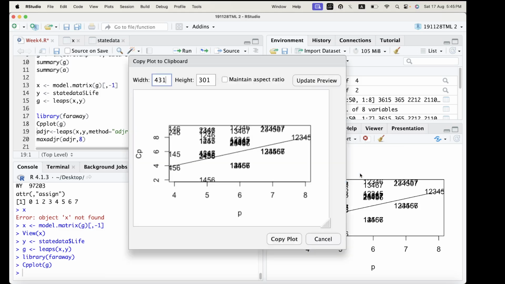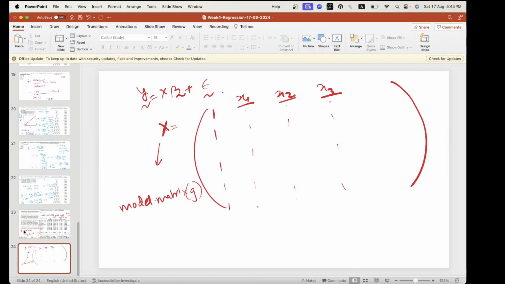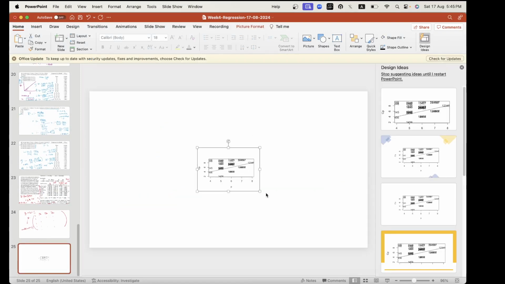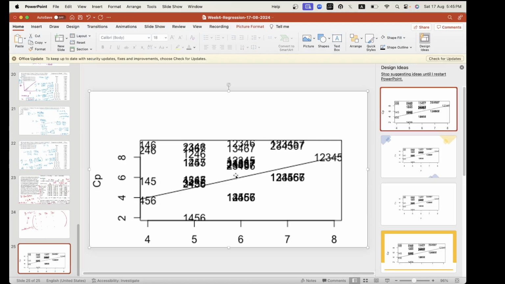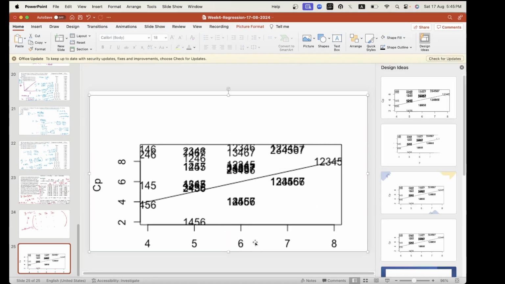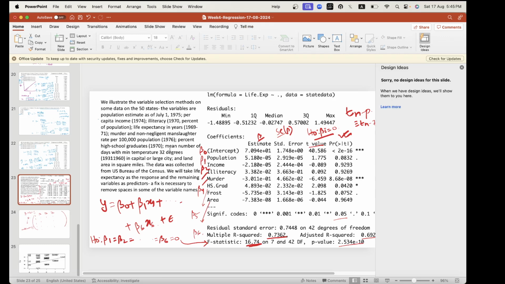So if I copy and paste over here, so this is your Cp versus p graph. All right, and here I want to keep this thing.